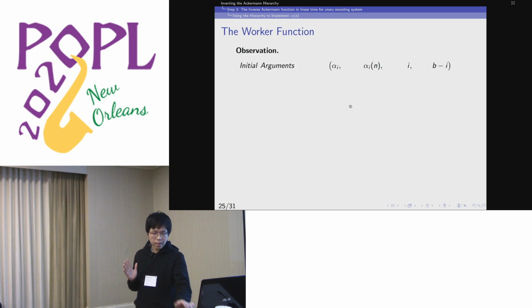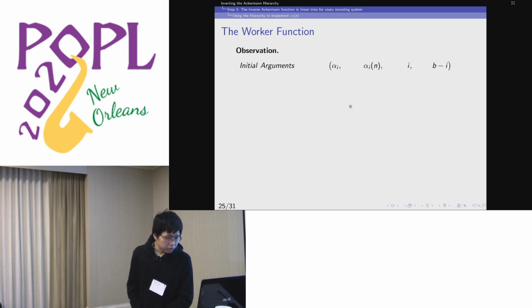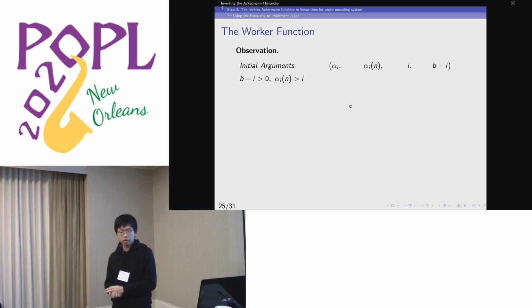And I'll do a little bit of animation to convince you that it works. So let's say at some point the worker function is given these arguments. I write them in this form for you to compare the form of these arguments and the arguments of the next recursive call. From this, if these two conditions are met, the first one means that we haven't run out of budget, and the second one means that we haven't reached the value for alpha n.